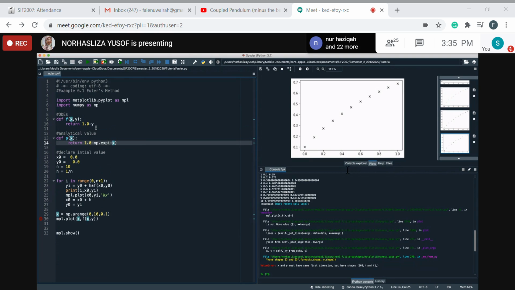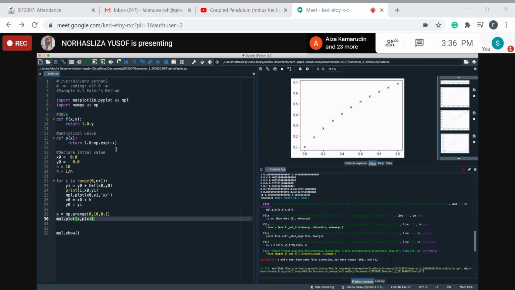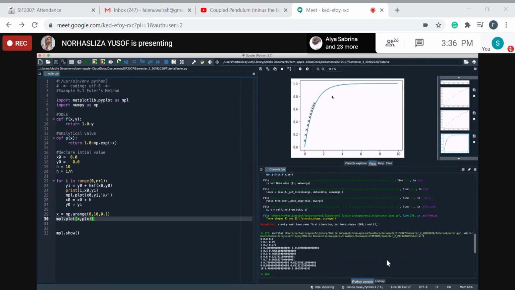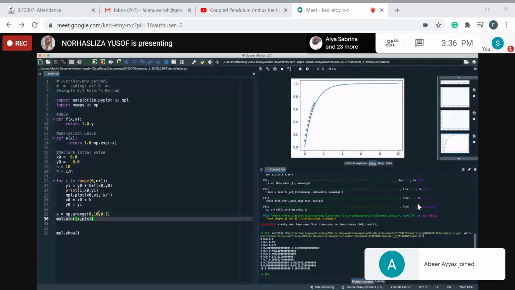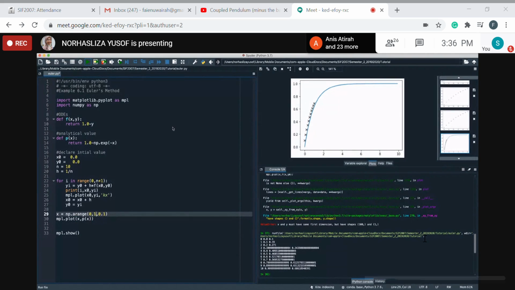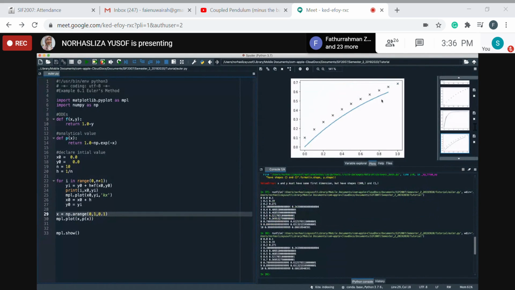We have to solve the integral, the dy/dx, right? So now we should be able to get a nice function here. Let's see if it can be plotted. Okay, so this is your real function. Oops, sorry, not 10, 1. Okay, so now this is the analytical value that you evaluate from this.